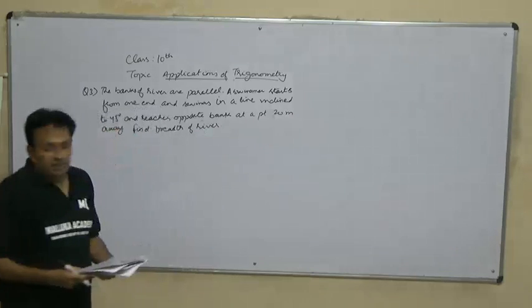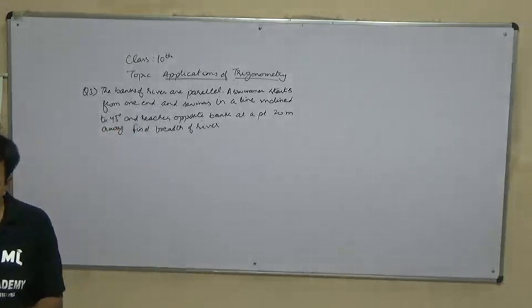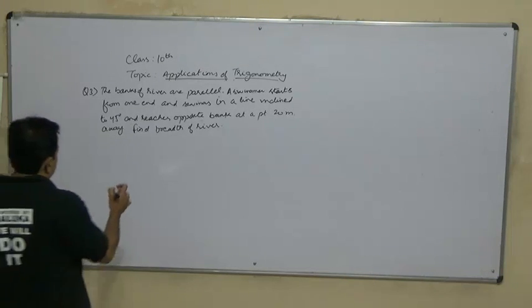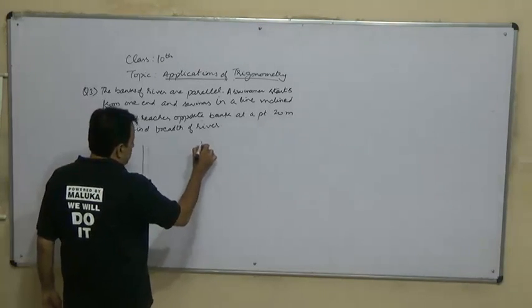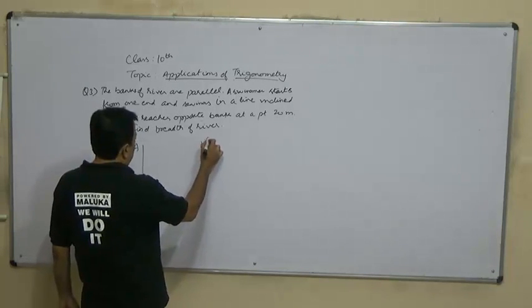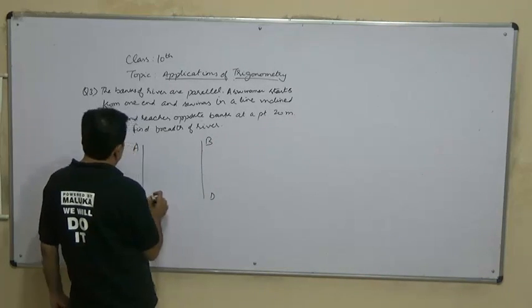So what are we given? These are the two ends of the river, AC and BD.